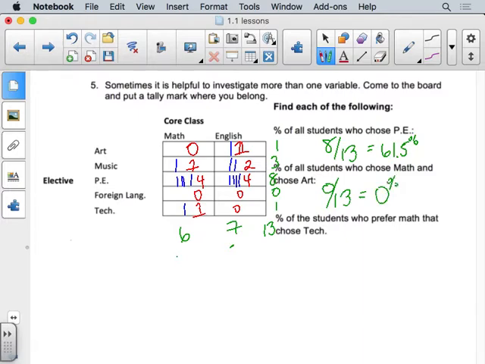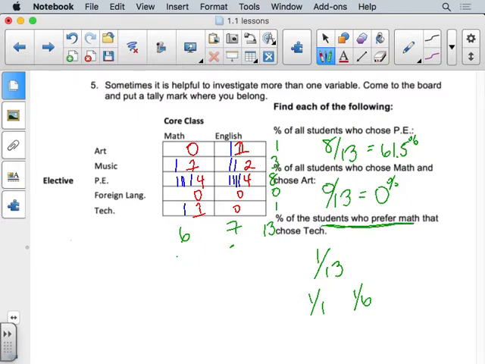Good job there. Okay, the percent of students who prefer math that chose tech. 0.07. All right, what's our number? Percent. 1. So 1 out of what? That's why I said 0%. Is it 1? So that chose tech. Is it 1 out of 13? Is it 1 out of 1, or is it 1 out of 6? So percent of students who prefer math.